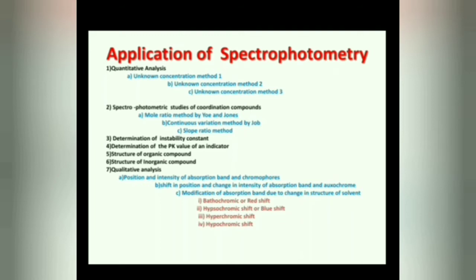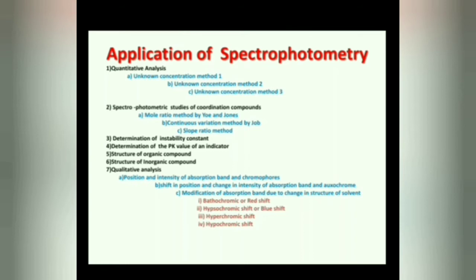After adjustment of the instrument, we measure, using the same cuvette size, the absorbance of each solution. After getting the absorbances of the series of solutions, we plot a graph of absorbance versus concentration, and from that calibration curve we can easily find out the unknown concentration of the solution.